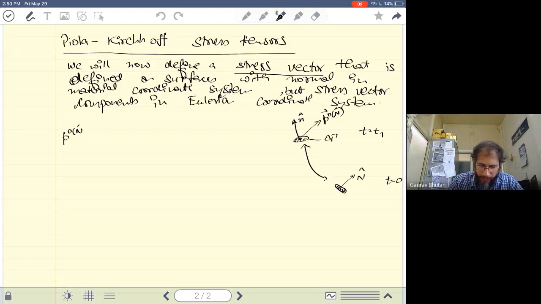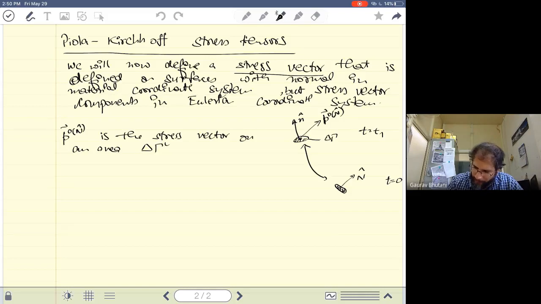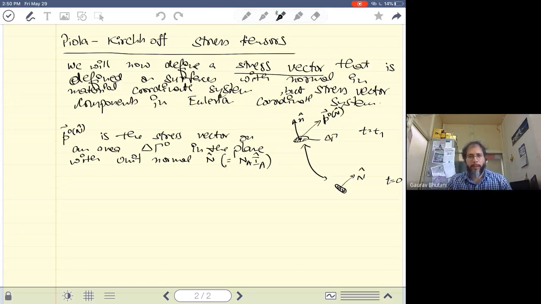So this p naught stress vector with superscript N hat is the stress vector on an area delta gamma naught.